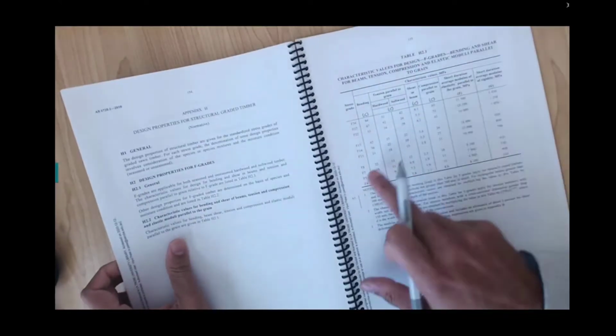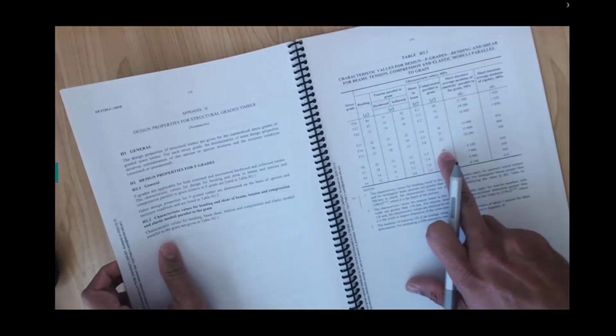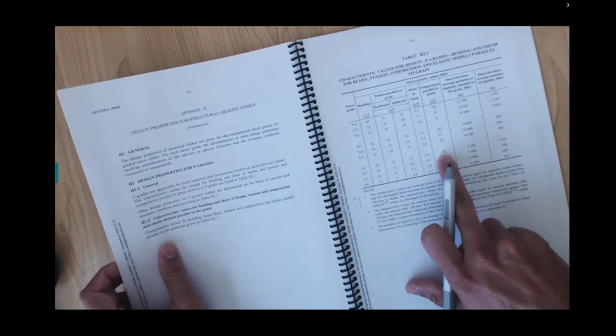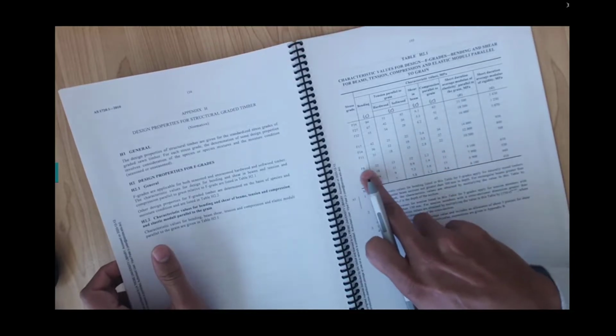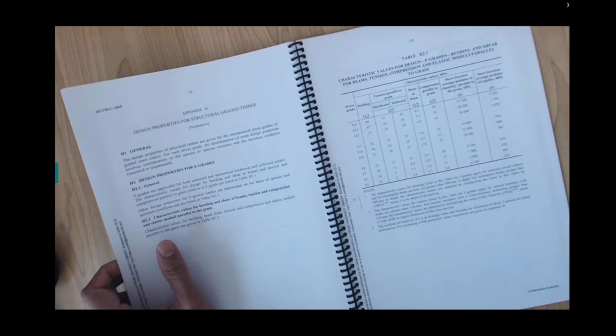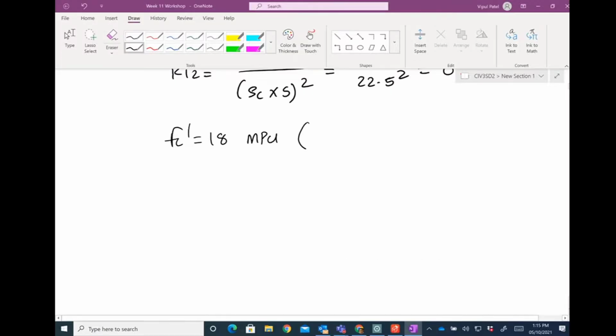There you go. In these tables, table 0.1, F8 FCDS 18 megapascals is given here, and that is 18. So that is table 2.1. Area is given, 120 millimeter by 45 millimeters.